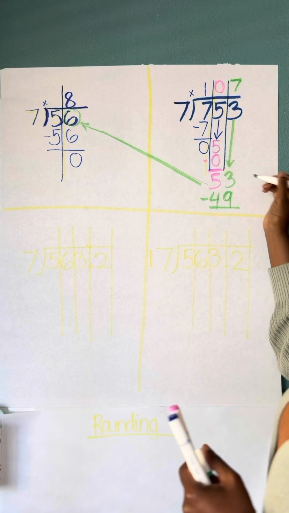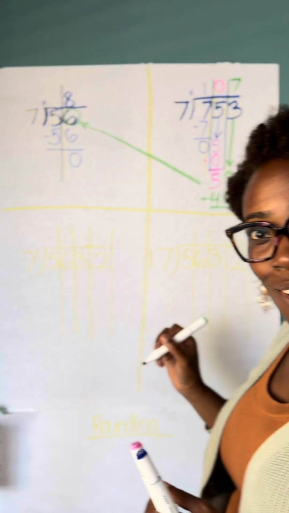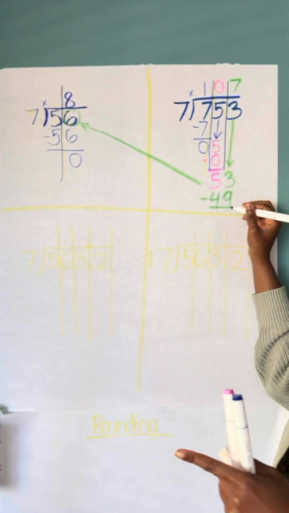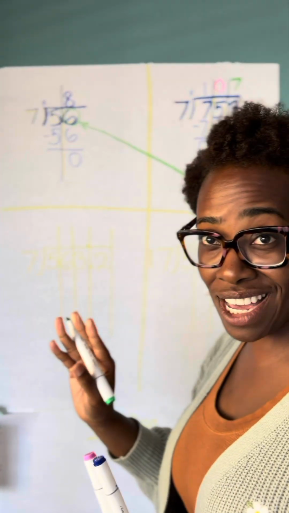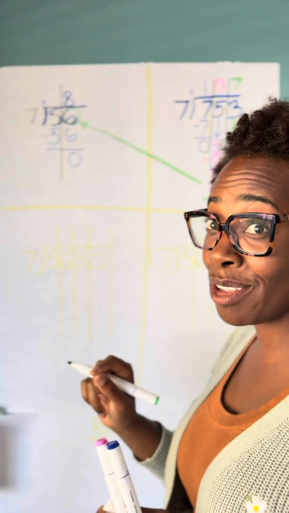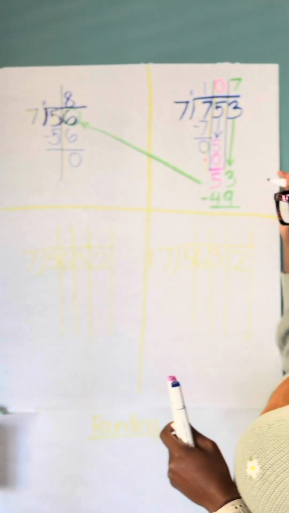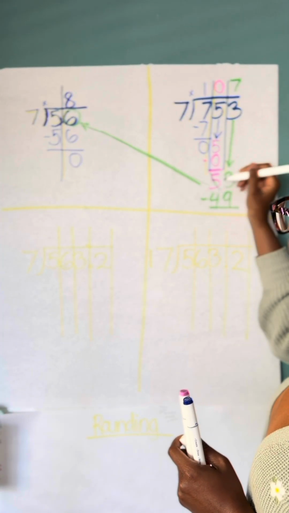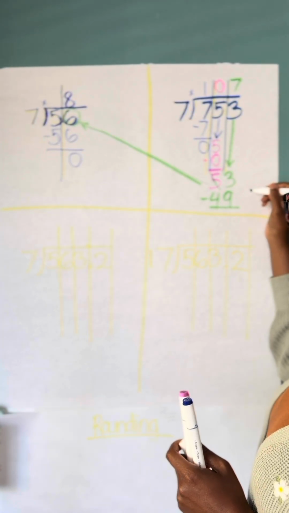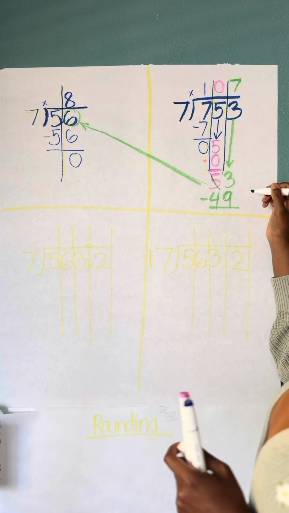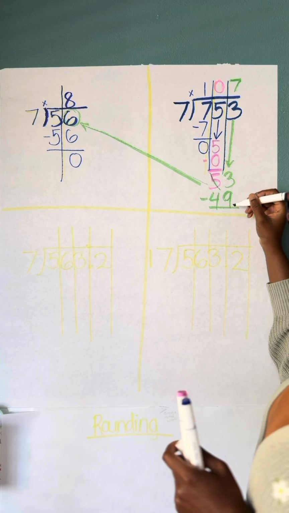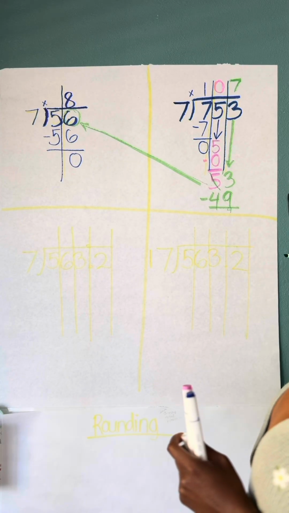And then we subtract. Your kids know if there's more on the floor, go next door. That's not an original phrase. Her name is Alina, my nerdy teacher, excellent resources. So there's more on the floor, go next door. We're borrowing. 13 minus 9 equals 4. Okay?